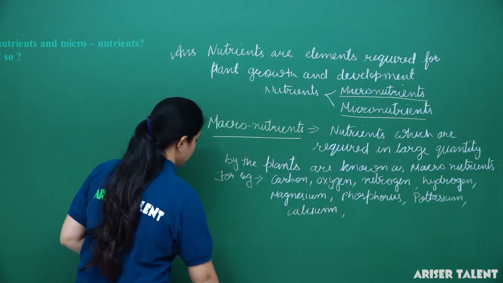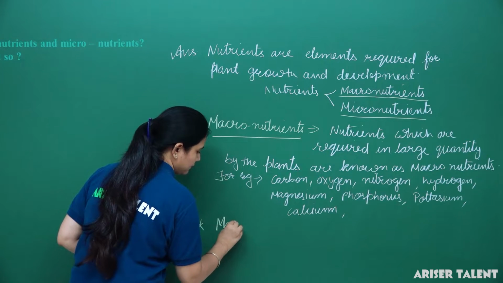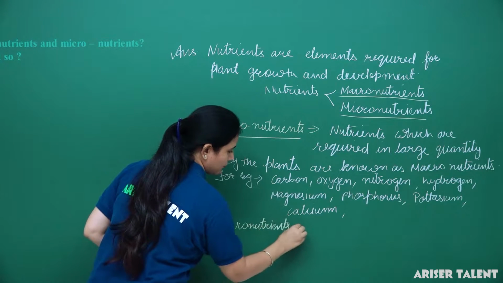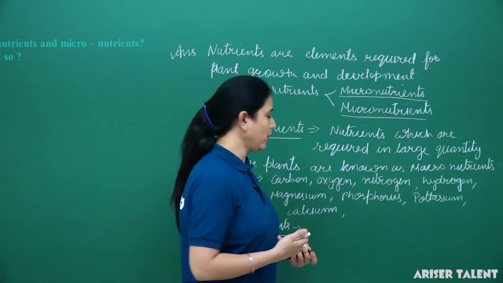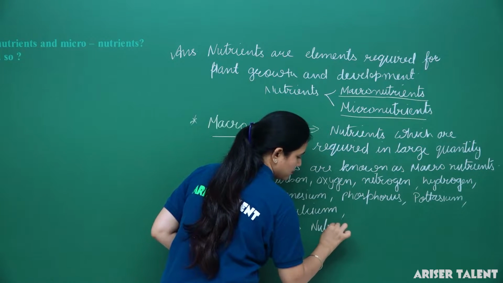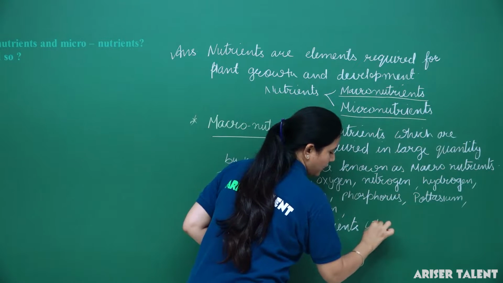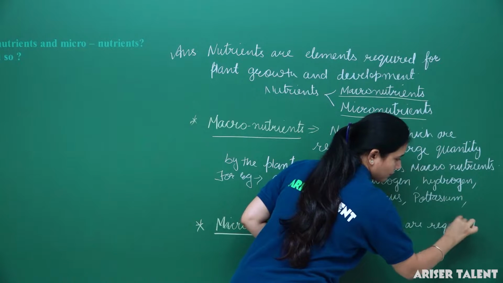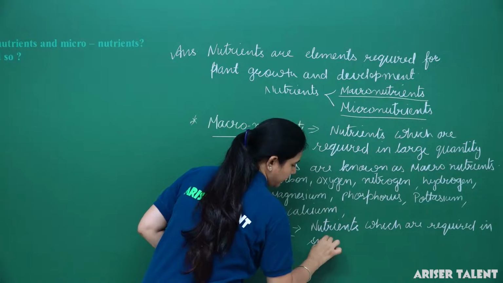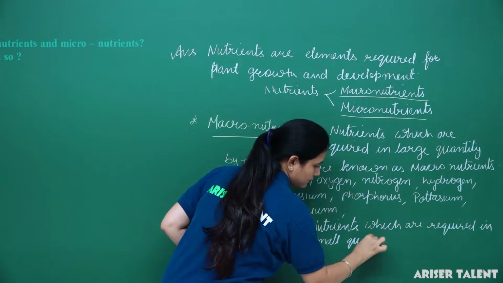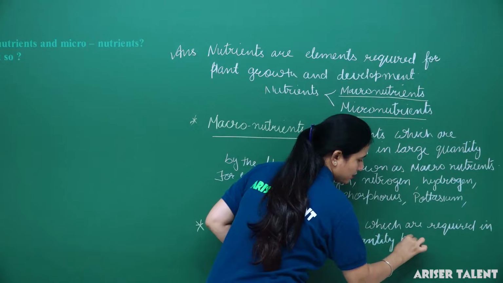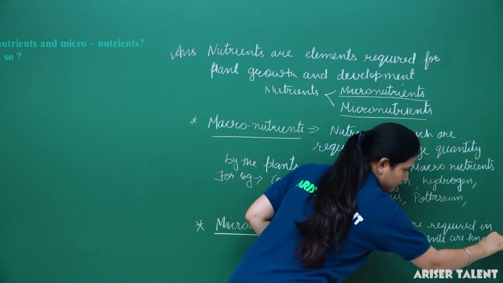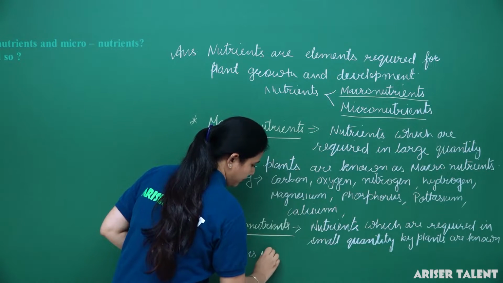Another one is micronutrients. Nutrients which are required in small quantity by plants are known as micronutrients.